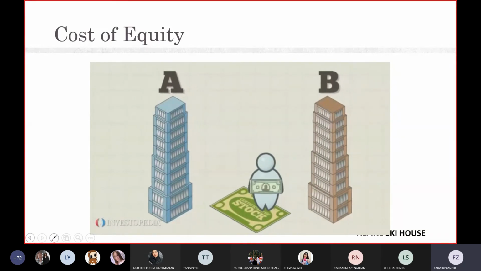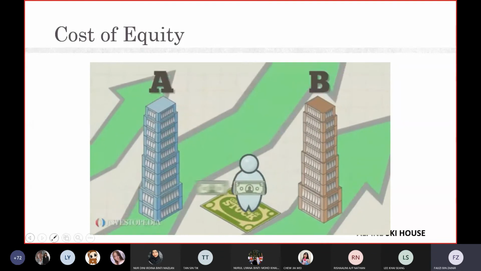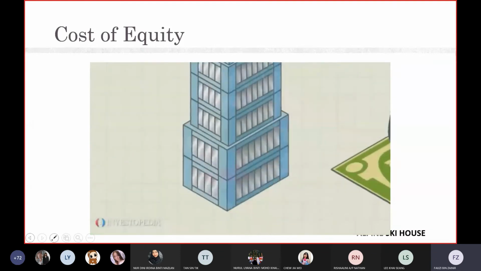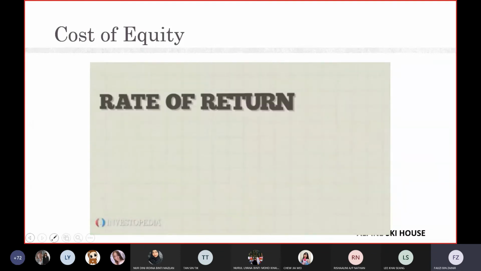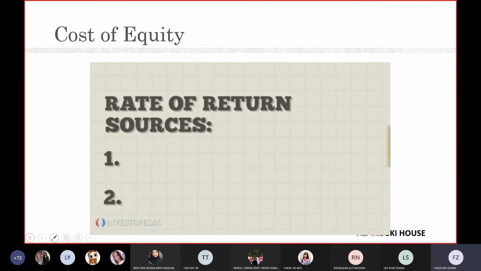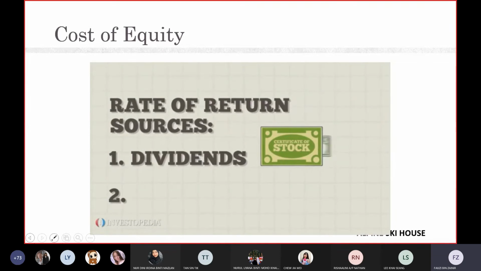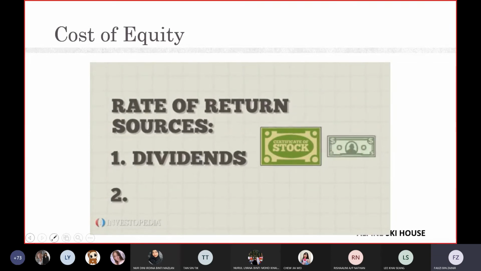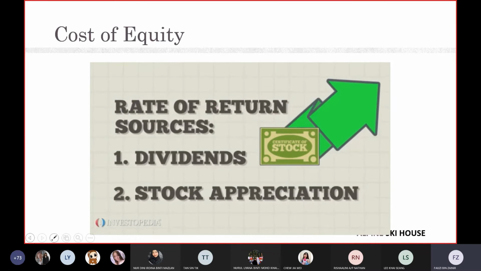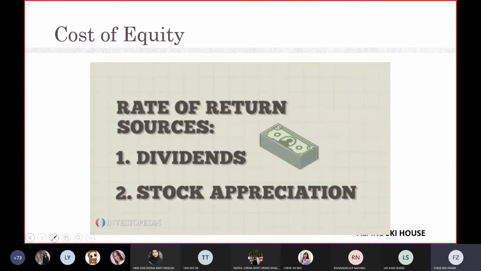Typically, the cost of equity is higher when the overall stock market is strong or when the company is seen as volatile. The rate of return that investors seek may come from two possible sources. In some cases, they receive dividends, which provide an immediate reward for their ownership, or the stock could experience appreciation, enabling them to profit when they sell shares.